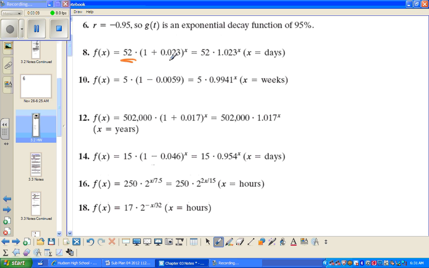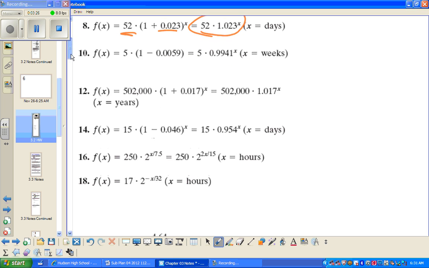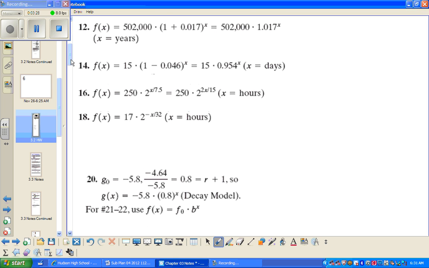So that tells you to add 0.023 to 1, getting this as your exponential function. Kind of go through that same process for each of these. 10, 12, 14, they were pretty basic.